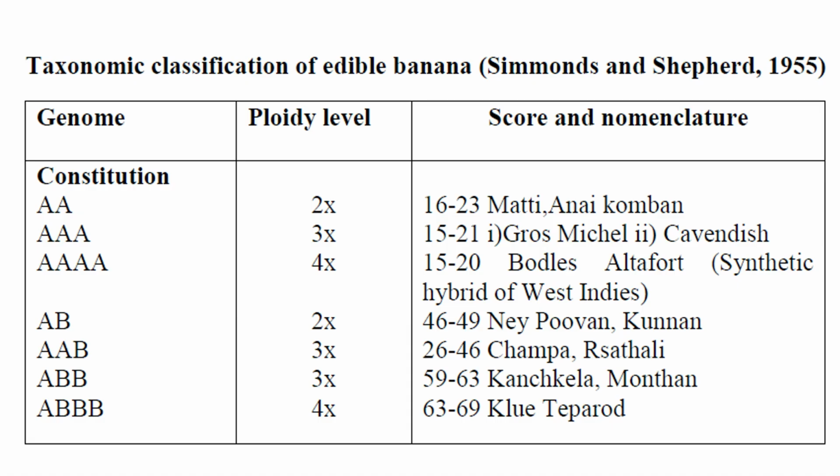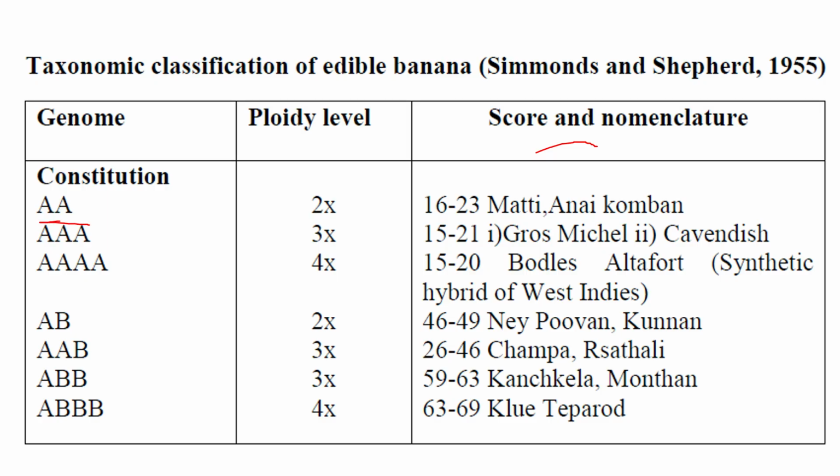So this is the taxonomic classification of edible banana proposed by Simmonds and Shepherd in 1955. Here you can see in the first column the genomic constitution, and then the ploidy level and the score, and nomenclature, which are the banana groups coming in each group.